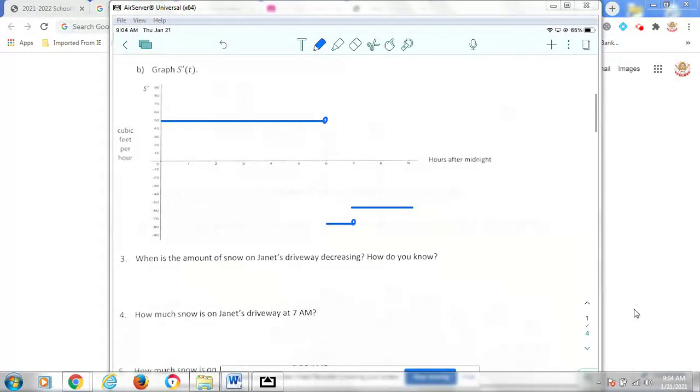Okay, so I want you guys to think about number 3 for a second. When is the amount of snow on Janet's driveway decreasing? Remember that we have a graph of a derivative, and when a derivative is negative, the original graph is decreasing.